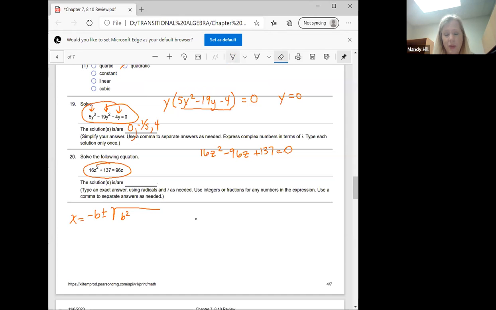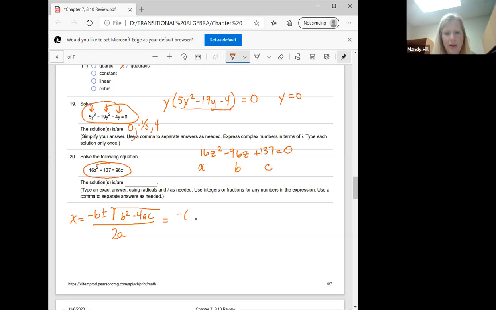The one on the actual calculator I have will do it the way we were going to do it, but you never know when that's not going to function, which is a good reason for you to actually know the formula. So our A is going to be 16, B is negative 96, C is 137.